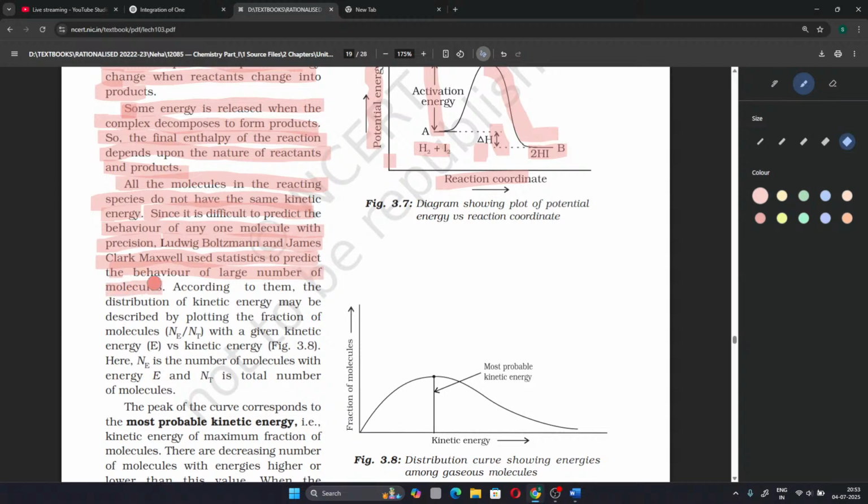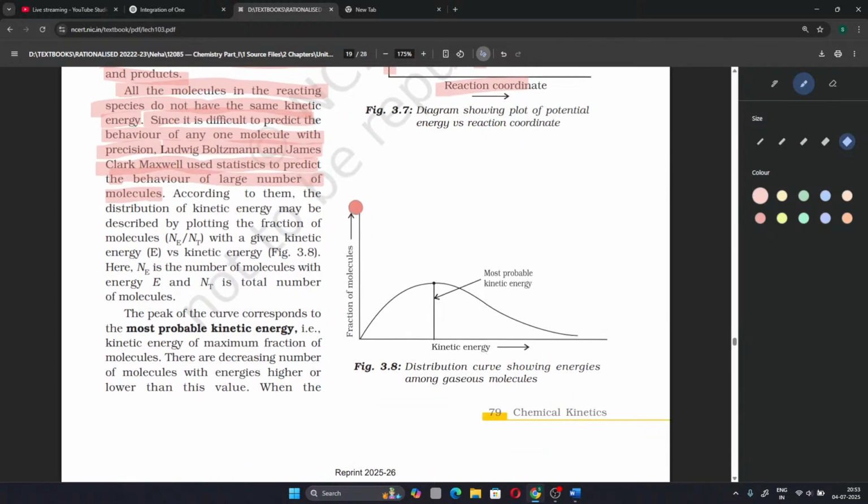Basically, in a gas mixture, or just a gas bottle, we cannot individually predict a single molecule's kinetic energy, potential energy, direction, or movement. It's very hard to predict. So that is why they use statistics to predict the behavior of a large number of molecules.